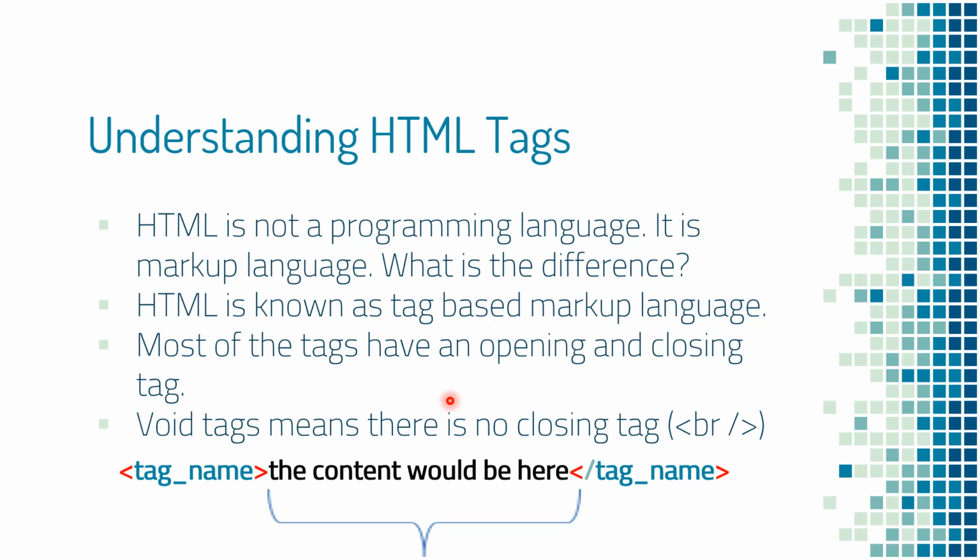We talked about tags, but what are tags in reality? The tag could be represented in this way: less than, then a predefined tag name for a specific functionality or feature, then greater than.